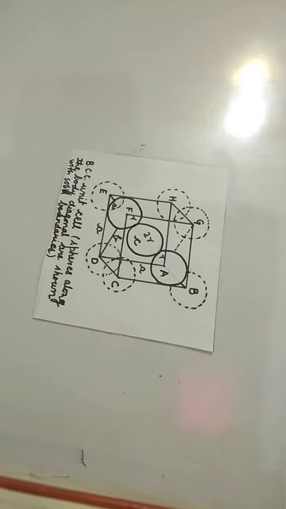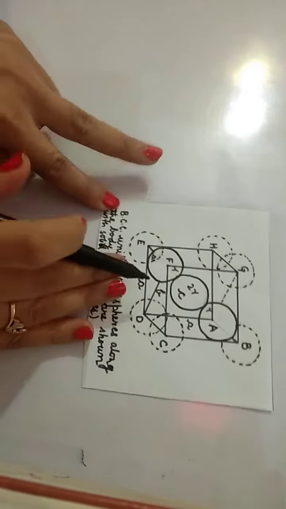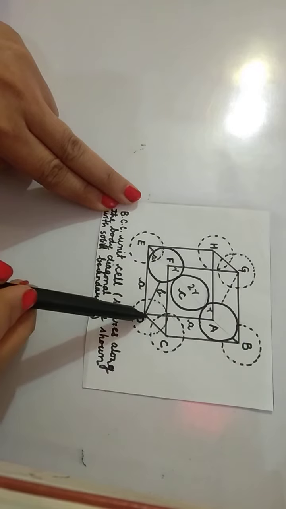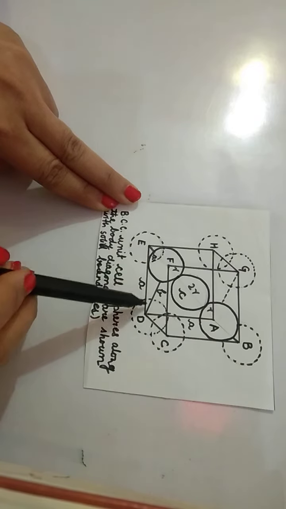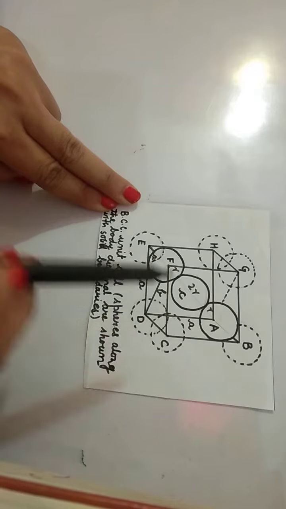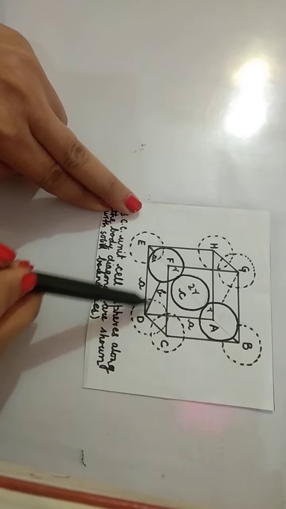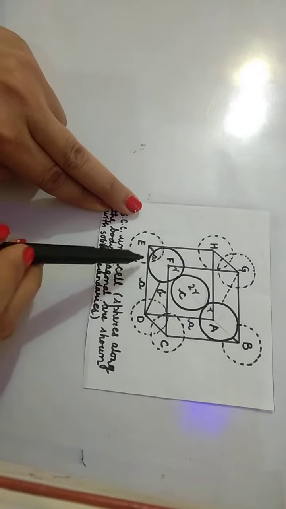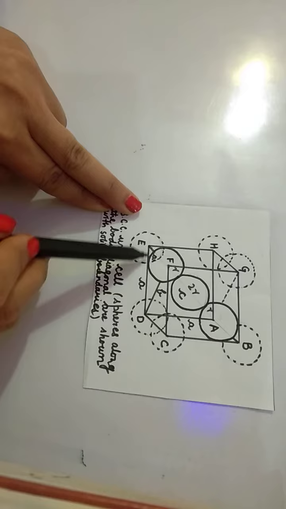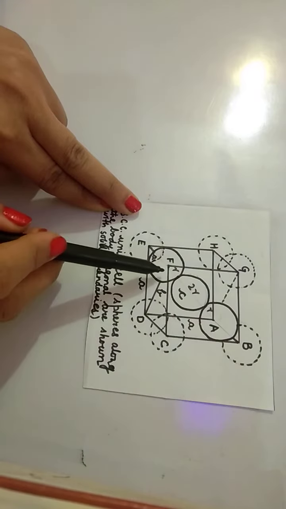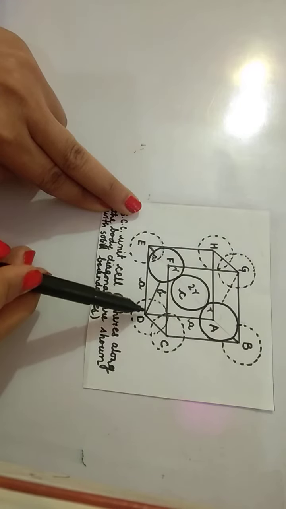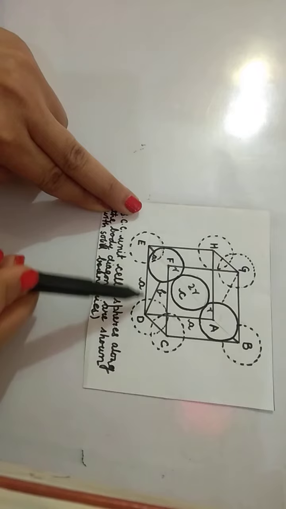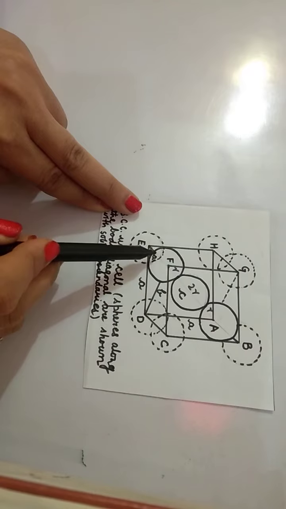Now you look here in triangle EFD. Here this will be the hypotenuse, B face diagonal, and EF and ED. This one is the height and this is the base. So according to Pythagoras theorem, hypotenuse square, that is B square, is equals to height square, that is A square, plus base square, that is A square.